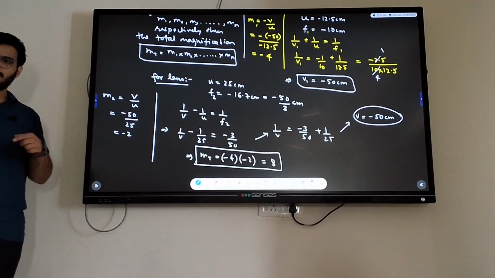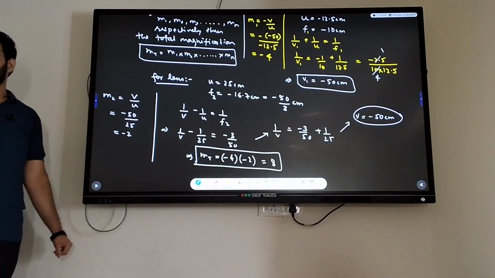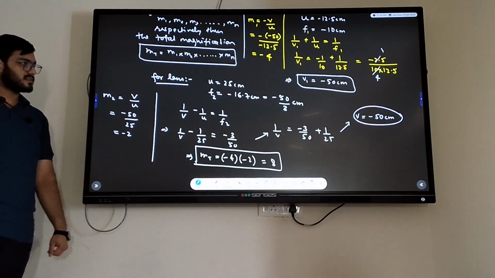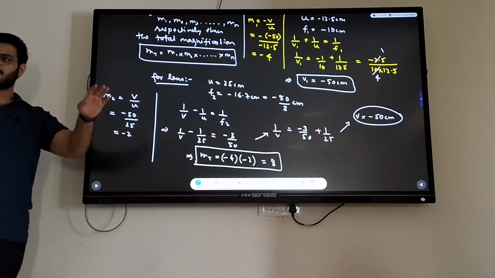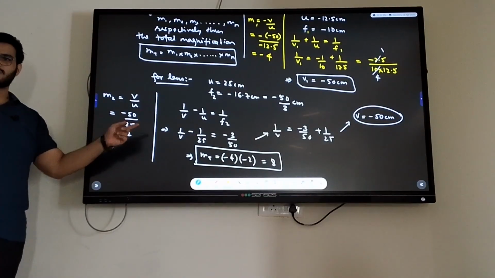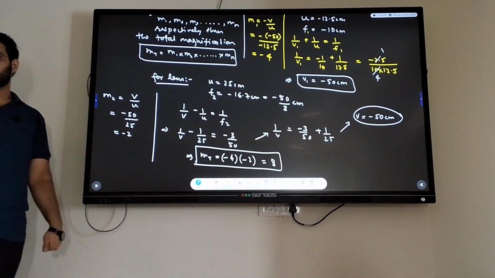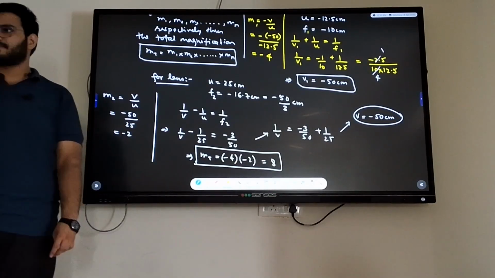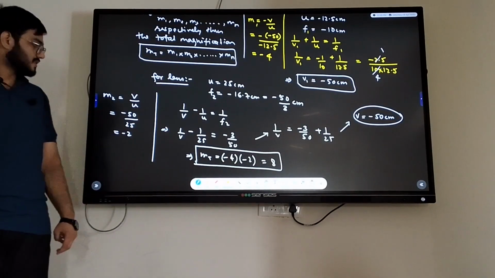Plus, greater than 1. So you are getting an enlarged image. The only explanation I can think of right now is that whatever we discussed was for real objects, and this is a virtual object image. I will give you a solid enough reasoning next time. So that is it all?